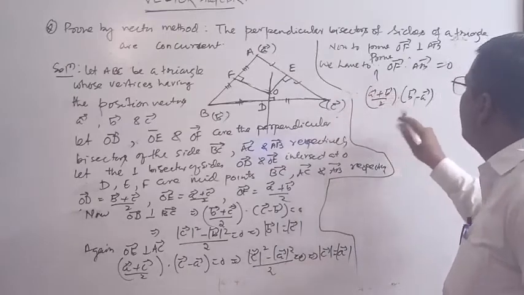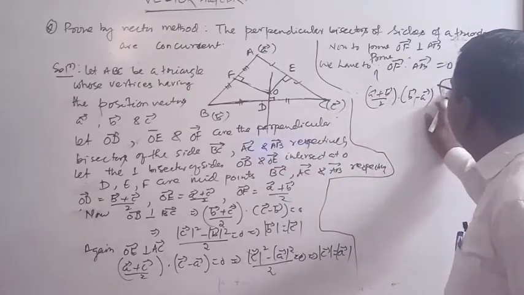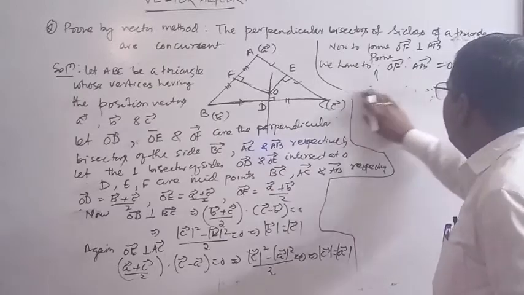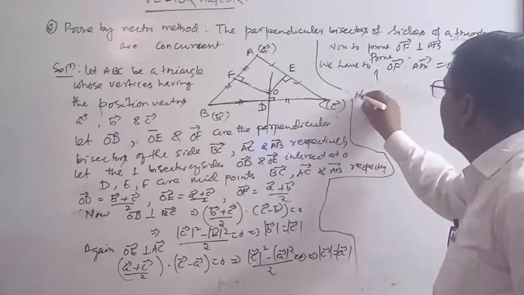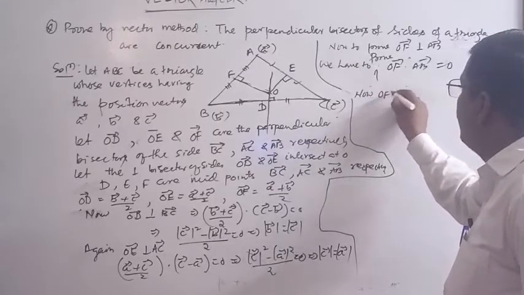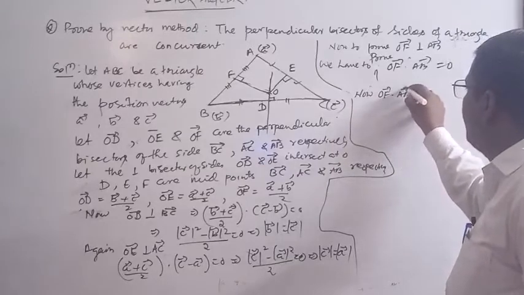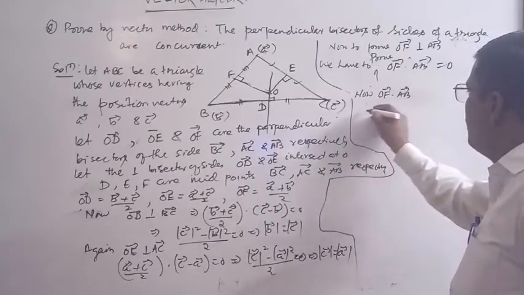So this is one step here for better understanding. Now write here like this: OF perpendicular to AB.